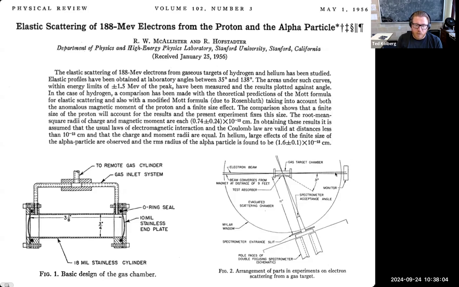This is useful for normalizing the measurements to the total amount of beam current. And then you have a spectrometer, which consists of an analyzing magnet and then some counters, so that you can set the magnetic field such that electrons of one specific momentum will fire the counter. And then you put this whole thing on a moving table that allows you to rotate it around the target.